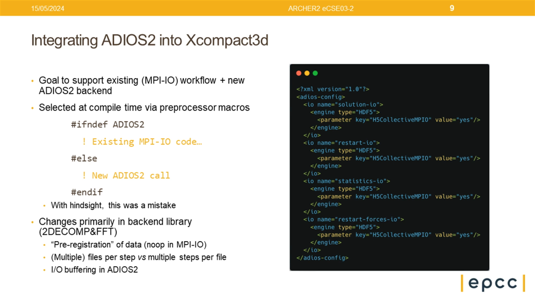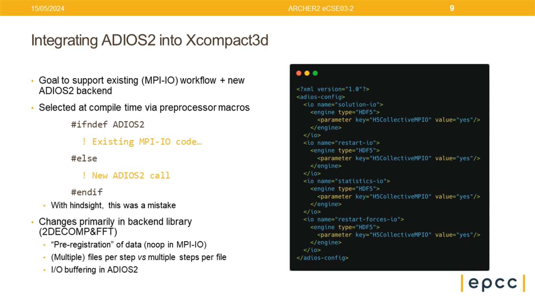If you've got, for example, 4 or 5 fields that you want to write, in theory these should all be pushed much more efficiently than opening, pushing, closing, opening, and so on. So there was a bit of work in the backend required to support both the original approach and the new one for ADIOS2, but otherwise it's fairly straightforward.